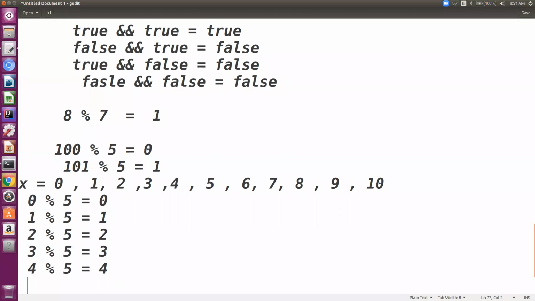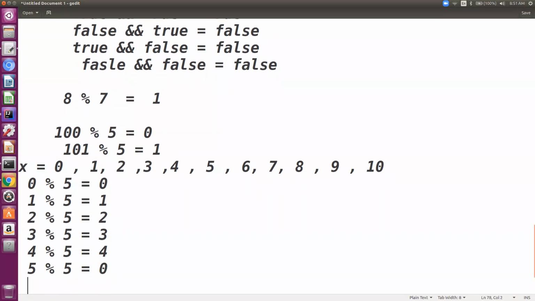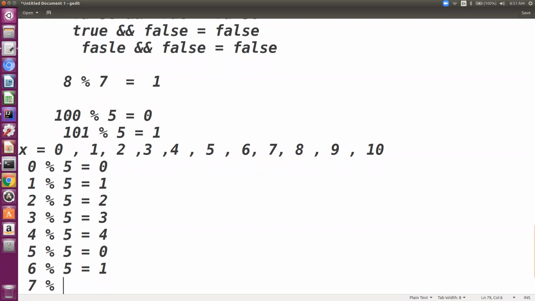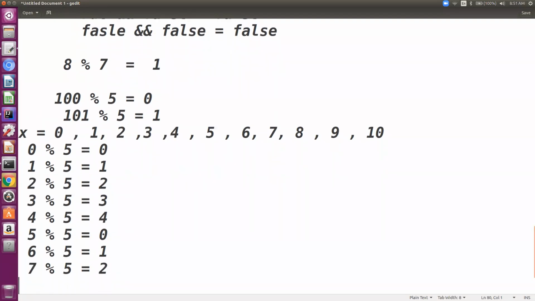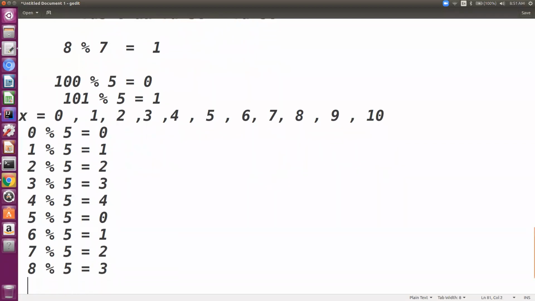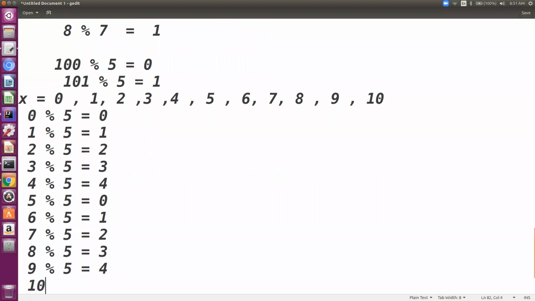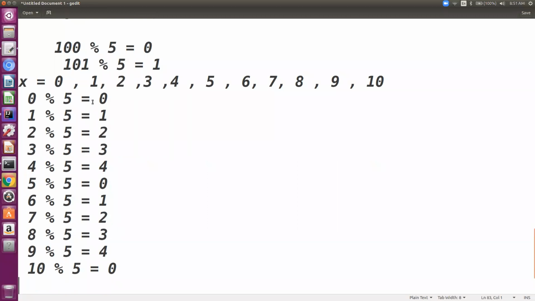But now look what happens. 5 percentage 5, the answer is 0. 6 percentage 5, the answer is 1. 7 percentage 5, the answer is 2. 8 percentage 5, the answer is 3. 9 percentage 5, the answer is 4. 10 percentage 5, the answer is 0.